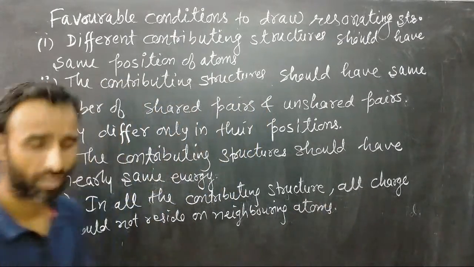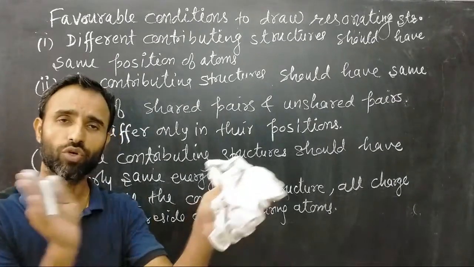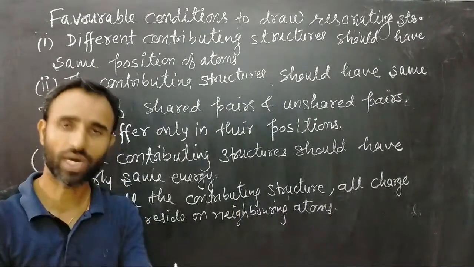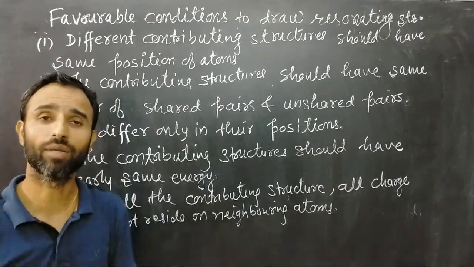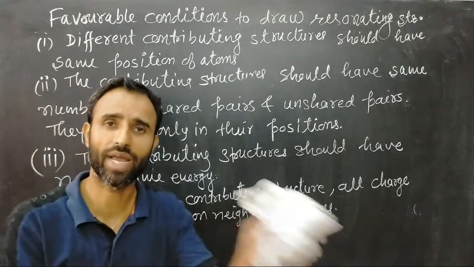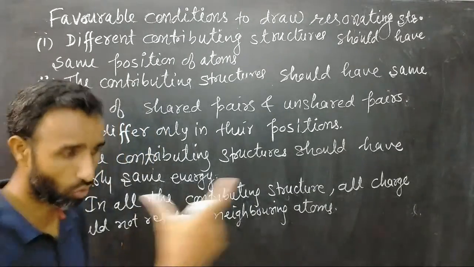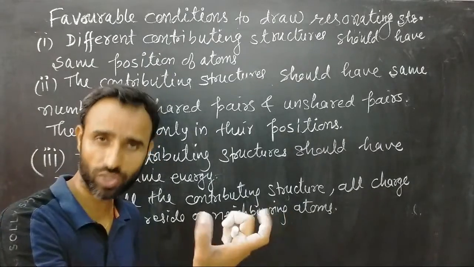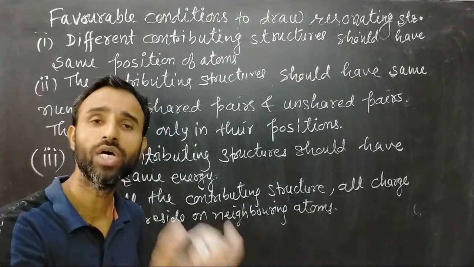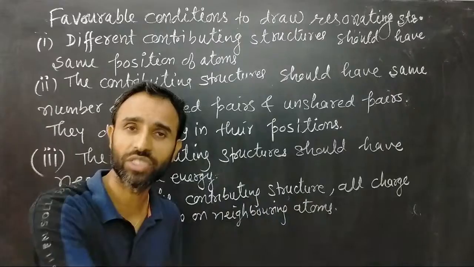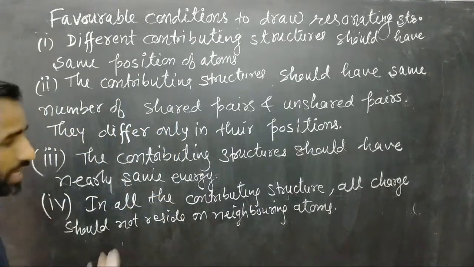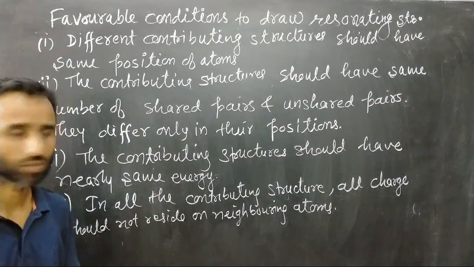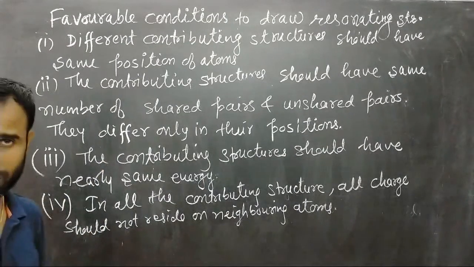Means adjacent, there should not be positive charge or negative charge. It may be positive and negative, but two like charges, two positive charges or two negative charges should not reside on the adjacent atoms, on the neighboring atoms. So these are the conditions.